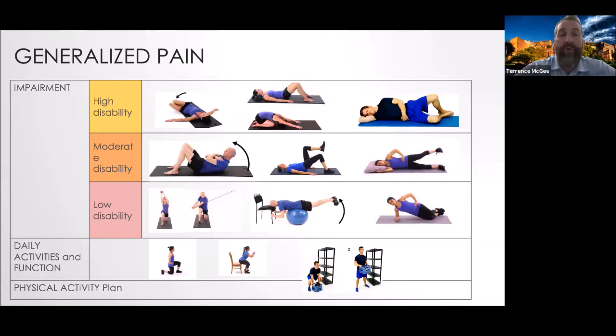And our sole intent with individuals like this is that catchphrase that we use here in the States, and that's motion is lotion. We want to decrease threat, get them to move in what they perceive to be a safe environment, and allow for them to see that they can do things.